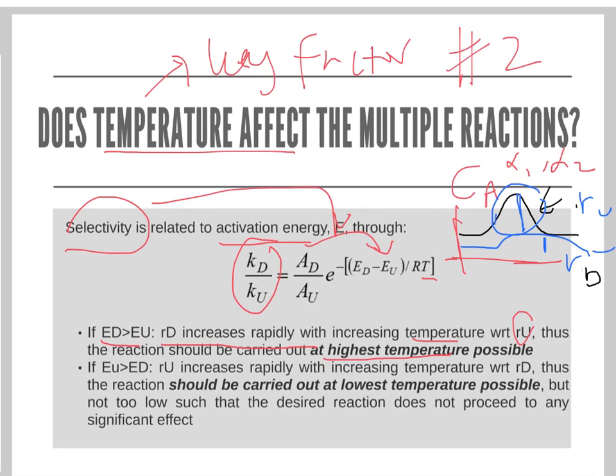It means that you don't need high temperature to overcome the activation energy, and therefore it should be carried out at the lowest temperature possible, but not too low, such that the desired reaction does not proceed to any significant extent. Okay, so these are the key terms for you to deal with single reactant.